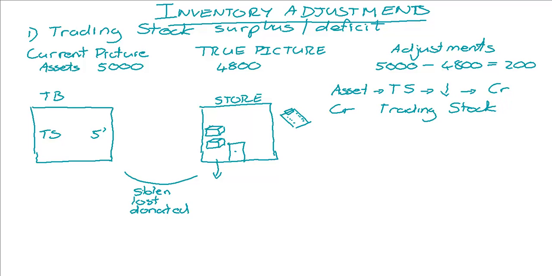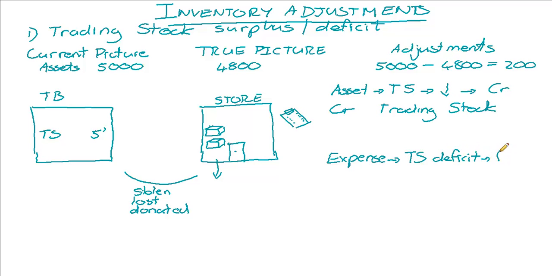That's my asset account. If we look at the second leg to this transaction, we know that we have, in this case, lost some of our asset, and in accounting, whenever we use or lose an asset, we need to record an expense. So the second leg is that there's an expense in our records that increased, and this specific expense is going to be called trading stock deficit.